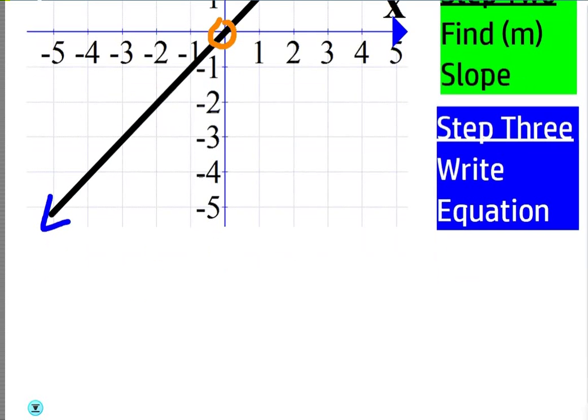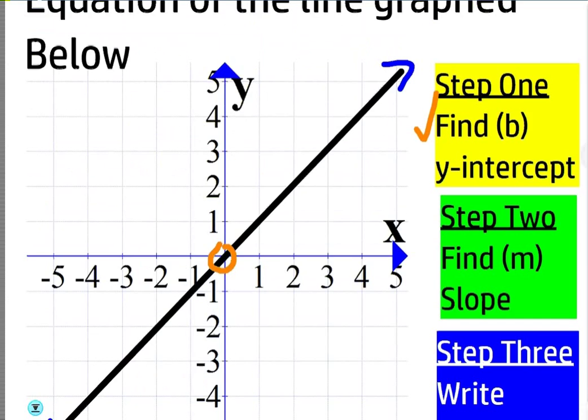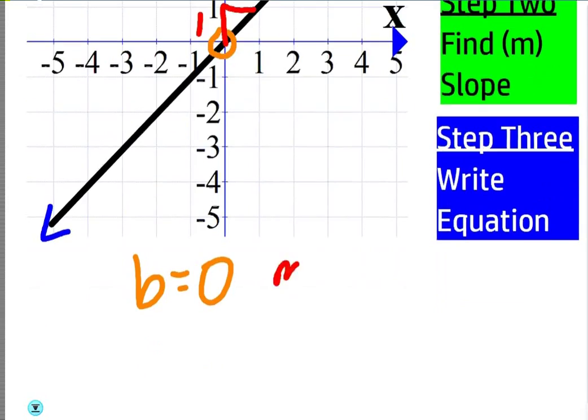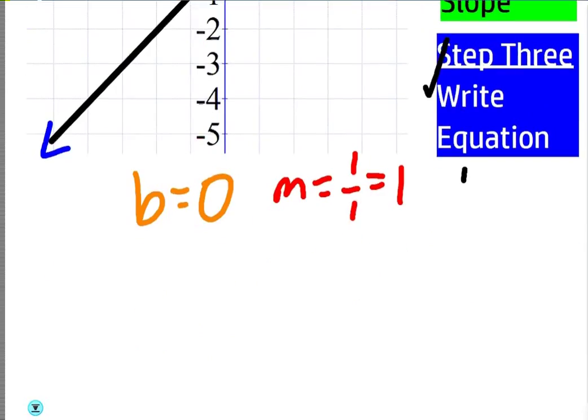So I'm going to write b equals 0. Next, what's the slope? 1. Okay, up 1 over 1. Doesn't matter what point you start at. Now, how do you simplify 1 over 1? 1. Okay.